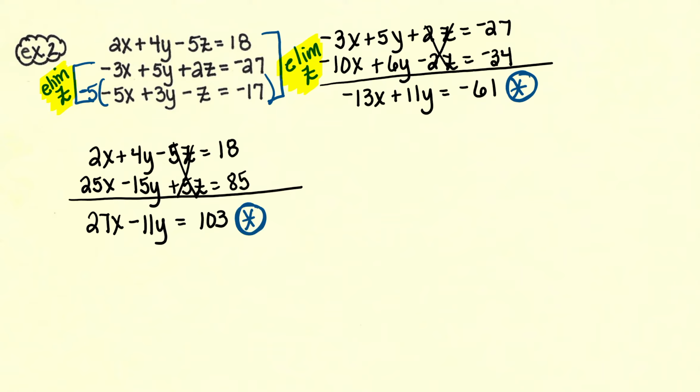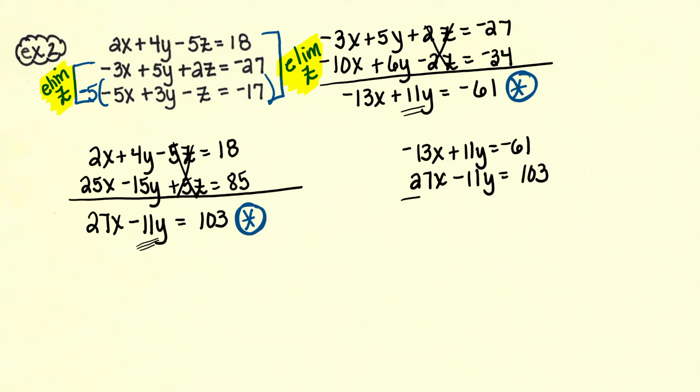Now, just as before, take your two star equations and put those together. It appears that you've already got a negative 11 and a positive 11 to cancel out. So let's use those. Just copy this equation just like it is. Copy this other star equation just like it is.